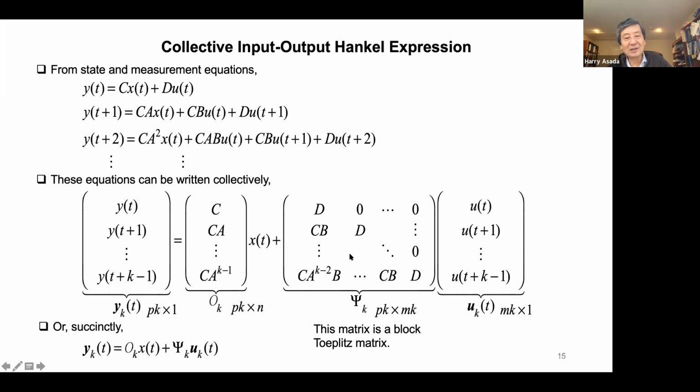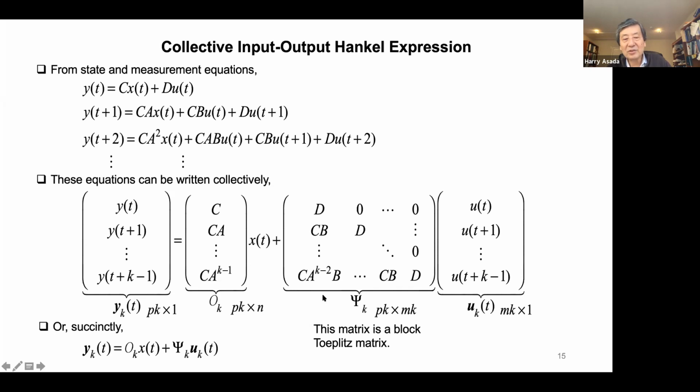The pattern is a little different from the Hankel matrix. All block diagonal terms are the same. One street away from the main street, they also have the same terms, and two streets away from the main street, basically the same terms.